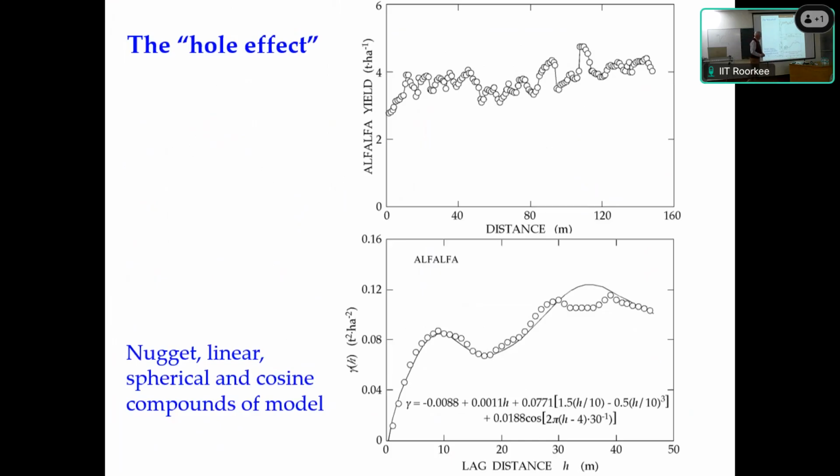And here we have described this variogram with one component. So here, first of all, this is the nugget. And then this one is a linear component. And here we have a spherical model.